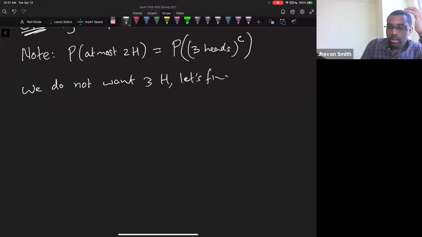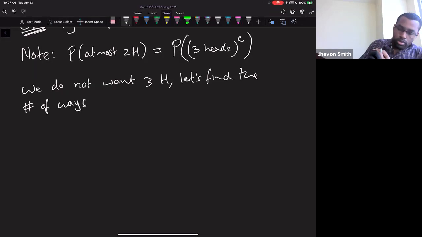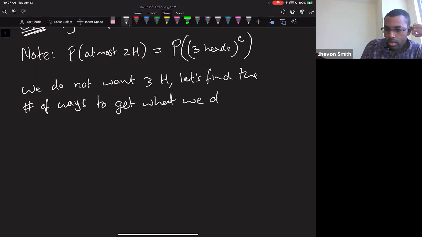Let's find the number of ways to get what we don't want, because then I can just subtract that probability from the one I do want.